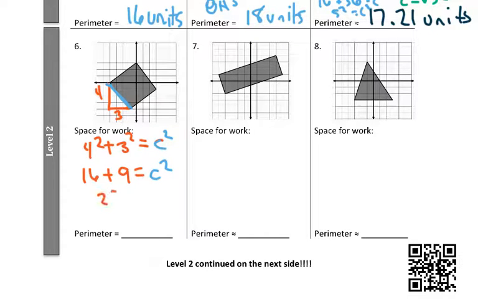And that means that 25 equals C squared. And let me take the square root. The square root of 25 is 5. So 5 equals C. That's not my answer. What we just found was the length of this side right here is 5.